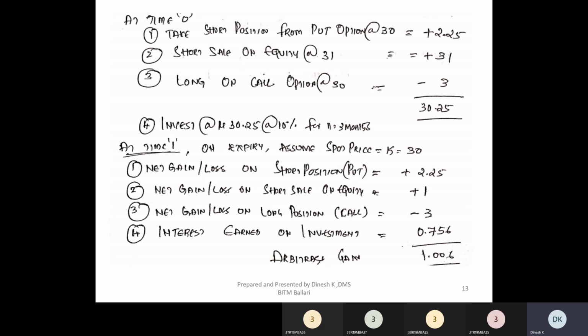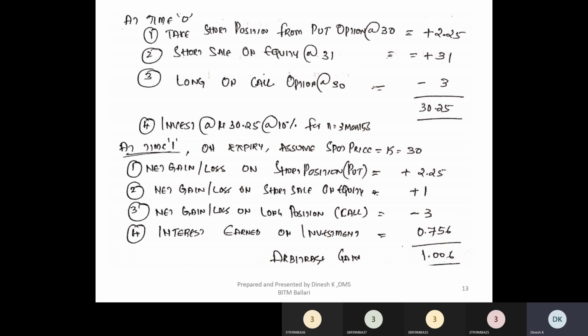The put buyer will buy at a lesser price from the market and sell at 30. You as a put seller have an obligation to buy at 30, even though you know that the market price is less, but still you have to buy at 30. So when the price decreases, you will be making a loss. When the price rises, you will not be making any loss, but you will be enjoying the premium of 2.25. That is in the case of a short position, right?